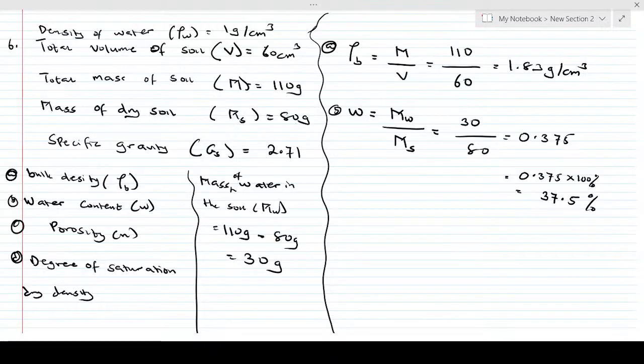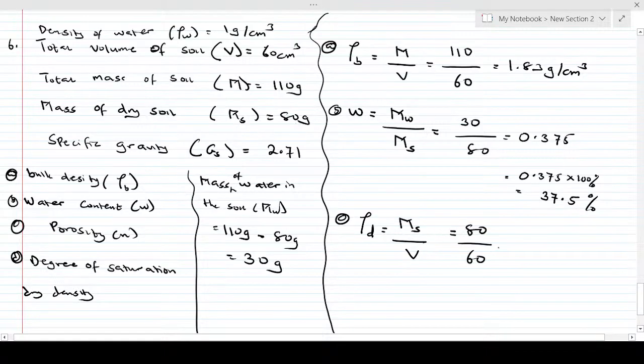The dry density is given as rho D. So the mass of the dry soil over the total volume, and that's the mass of dry soil 80 over 60. And that's 1.33 grams per centimeter cube.